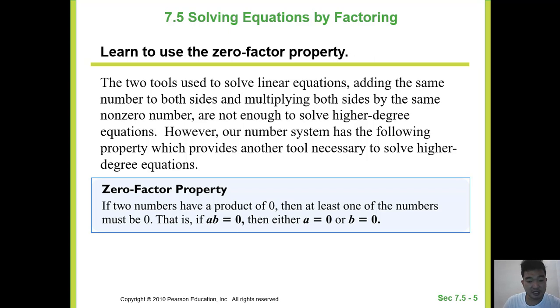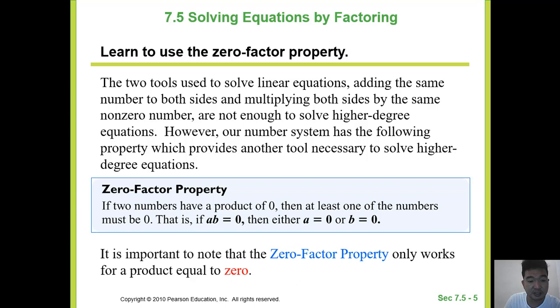So mathematically speaking, kapag ang product ay 0, ibig sabihin yung dalawang multipliers natin, yung dalawang factors natin ay may isang 0 doon. Okay? So that's the explanation there, the zero factor property. It is important to note that the zero factor property only works for a product equal to 0.